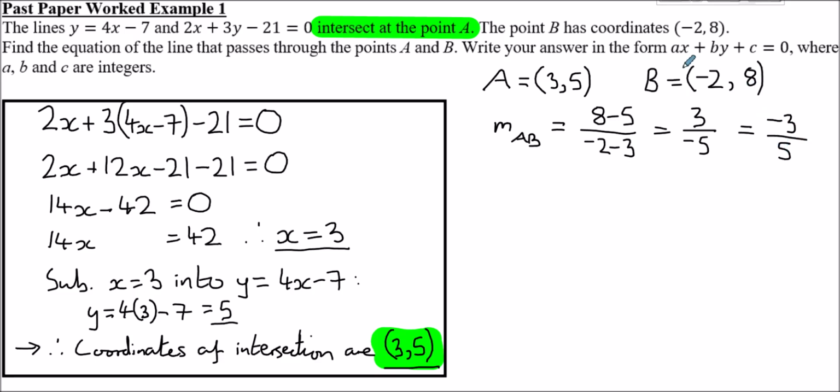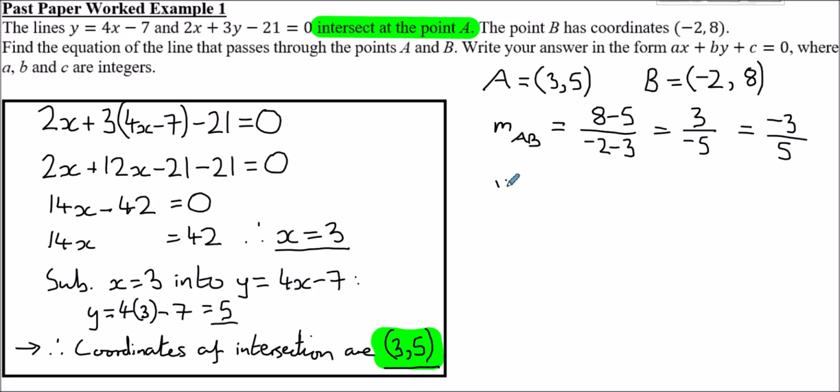So we also now know 2 points on the line, and we could pick whichever point we fancy, to be honest. Let's just pick A for ease. A's got coordinates which are positive numbers, so let's pick A. Now, I'll scrub that for now.